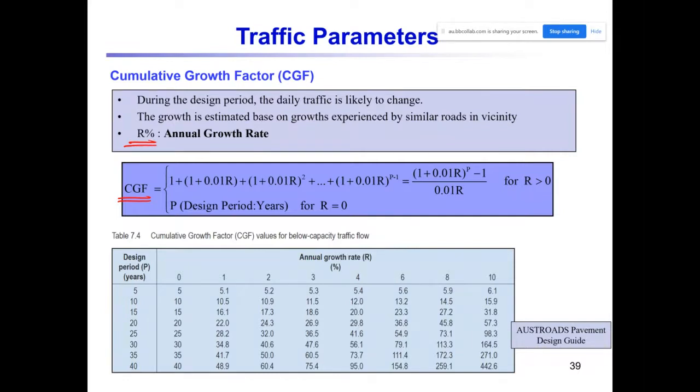You're all familiar with this equation, that is how we can determine the cumulative growth factor over the design life. In this equation, P is the design life of the road. You can either use this equation to calculate CGF, or you can use this table. This table is coming from this equation.